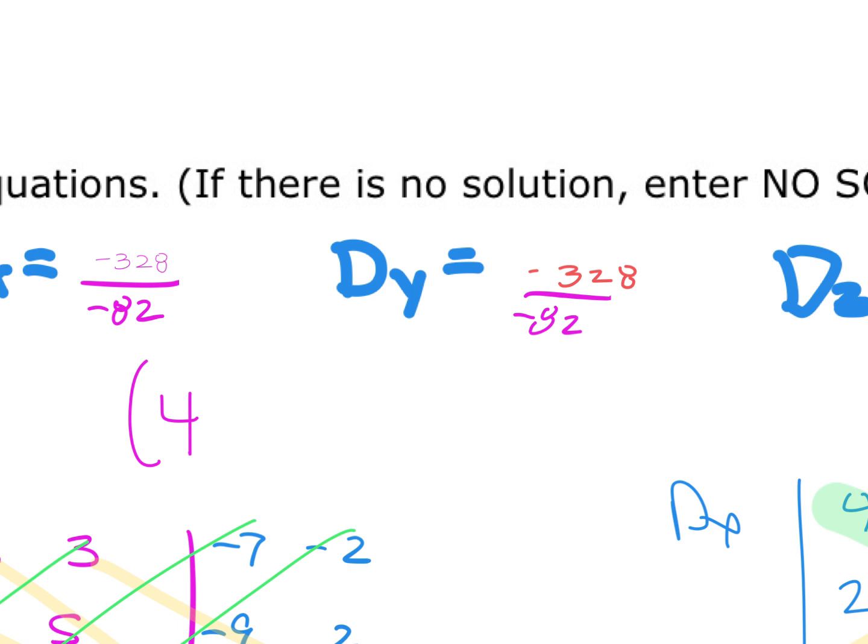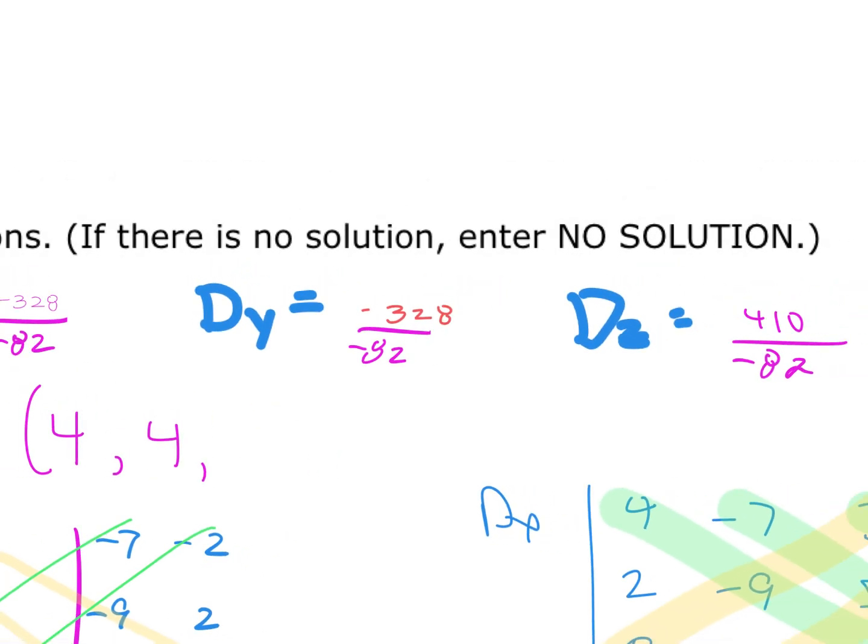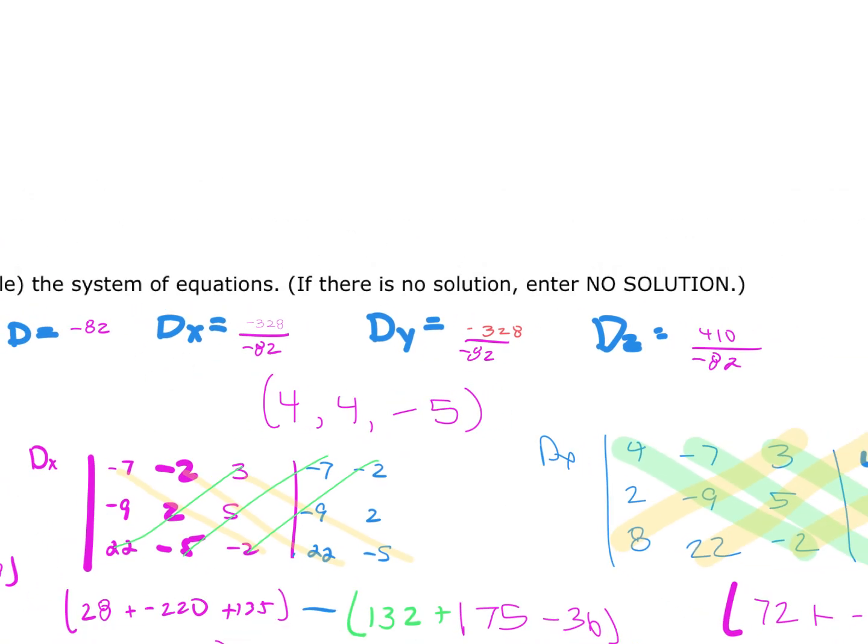Again, if I take negative 328 divided by negative 82, it's going to give me a whole number of 4. So my y value is a 4. If I take 410 and divide that by negative 82, I get negative 5. I'm taking 410 divided by 82. Yeah, 5. So in this case, your ordered triple is 4, 4, negative 5.